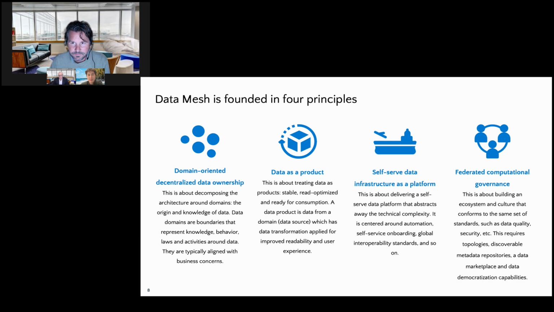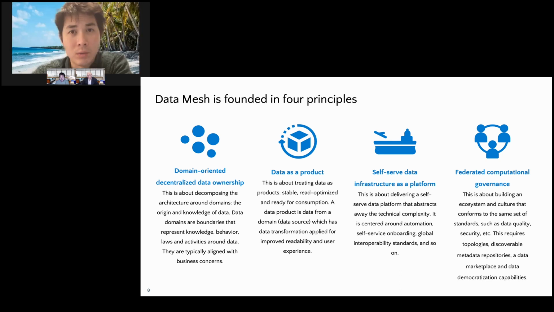I think that, oh, I was about to say this just ties into the role of the central governance team as well, right? The aim of the data mesh is to be able to more effectively consume each other's data, and to make it easier for domains to share their data as well. So by that direction, it's got to be up to someone.